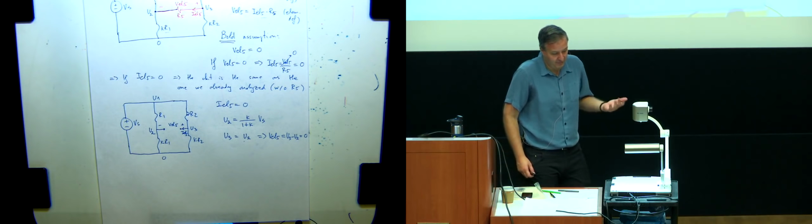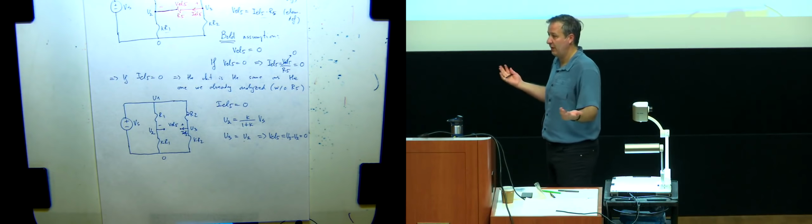Yes? Is this also assuming that your resistance is non-zero? Because you get zero voltage from having zero resistance and infinite? You're right. So the question was, couldn't I just, if I had R5 be 0, then of course U2 equals U3, right? And that's true.